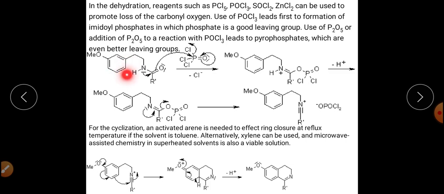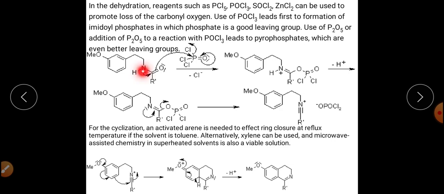So this is your substrate. To this substrate, first of all, the condensation reagent that you have selected for the reaction, that is phosphorus oxychloride, will react. And how this reaction will happen: the nitrogen has a lone pair of electrons.